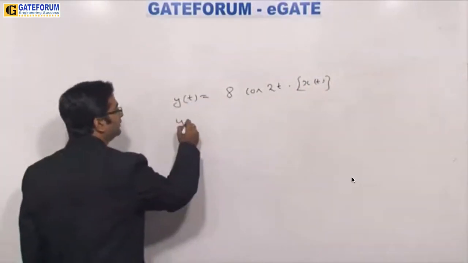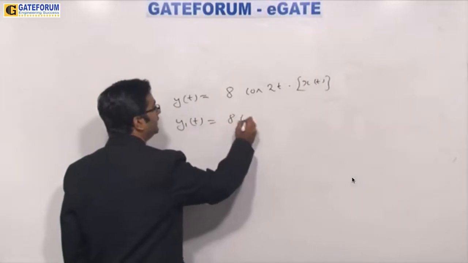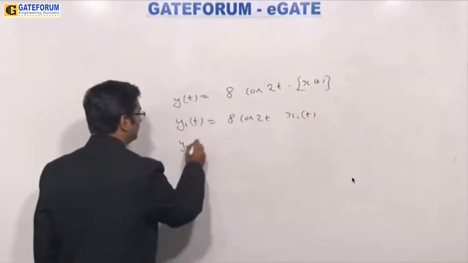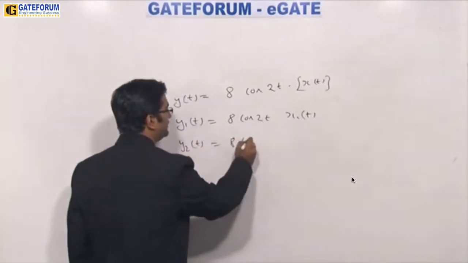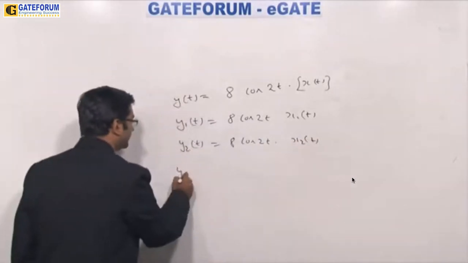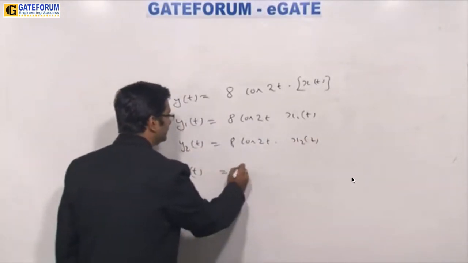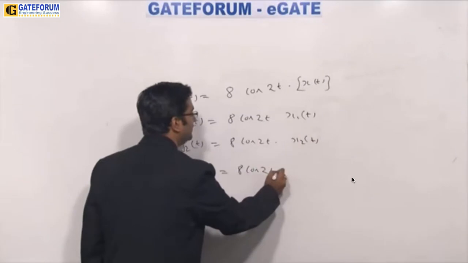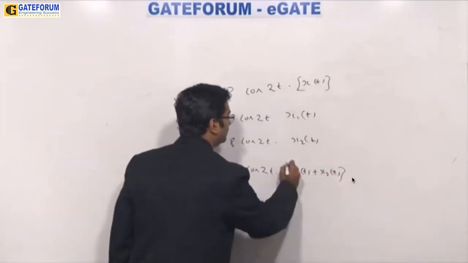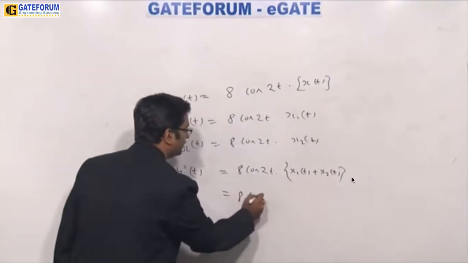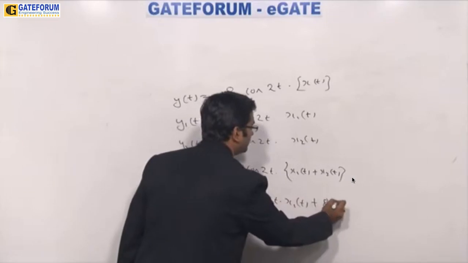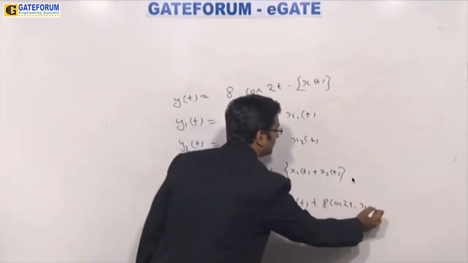What you can do is, you will get y1(t) equals 8 cos 2t x1(t). You will get y2(t) equals 8 cos 2t x2(t). You give x1(t) plus x2(t) simultaneously, you will get y'(t) equals 8 cos 2t times x1(t) plus x2(t). Now you expand this, you will get 8 cos 2t x1(t) plus 8 cos 2t x2(t).